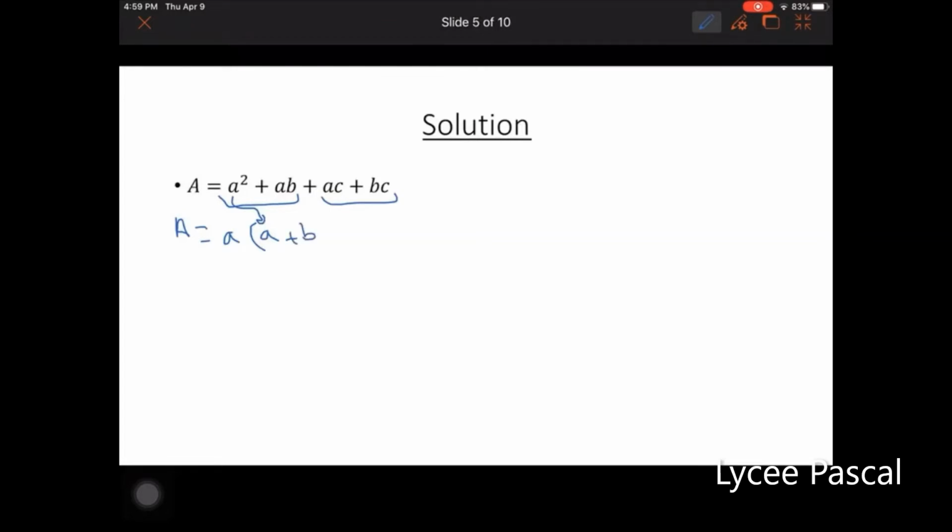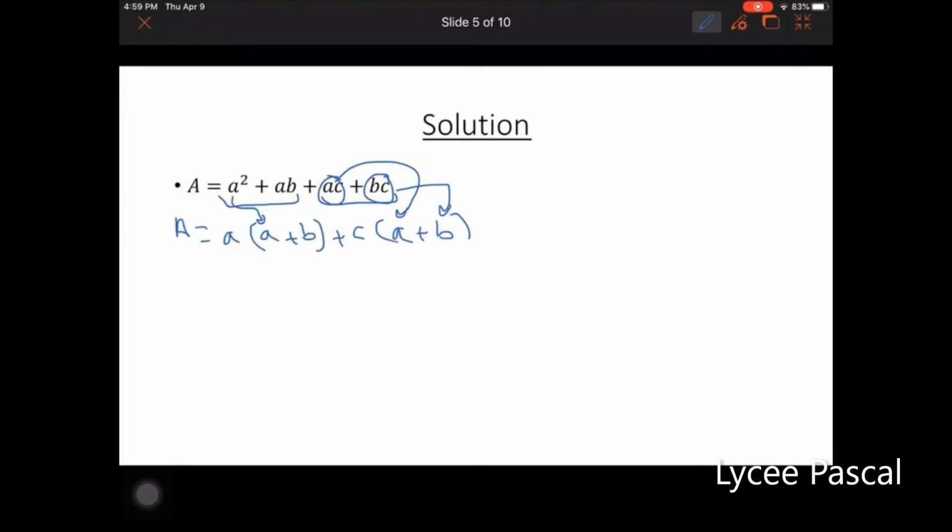Now between the two other terms ac and bc, the common element is c. From ac the remainder is a, and from bc the remainder is b, and this is the plus. The c is a common element which is taken, and we put it in the beginning here.